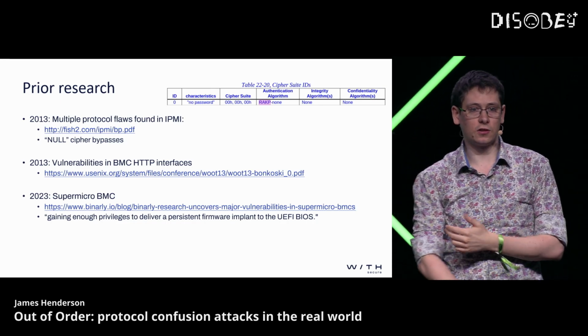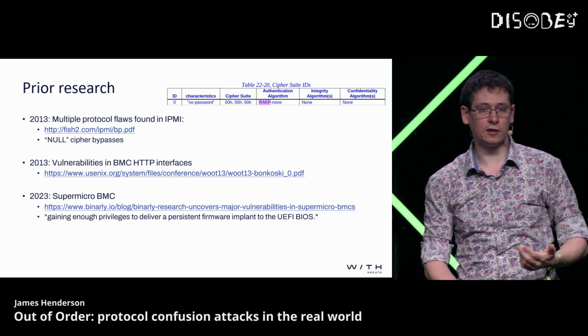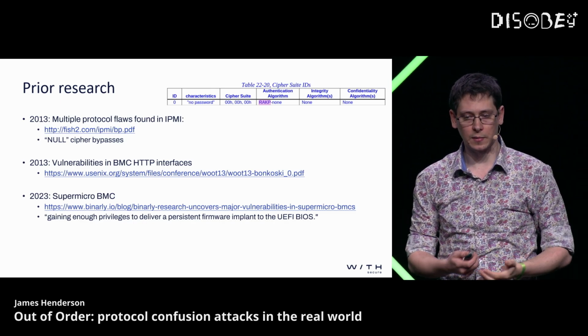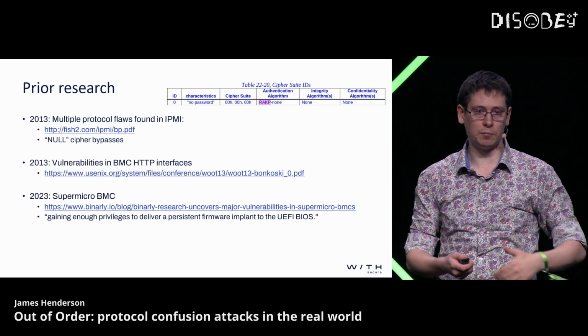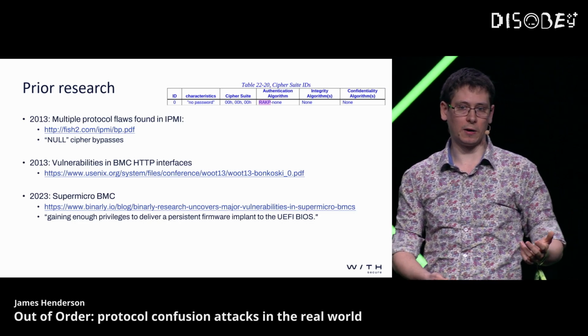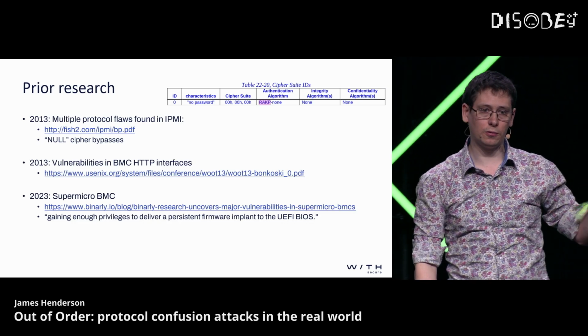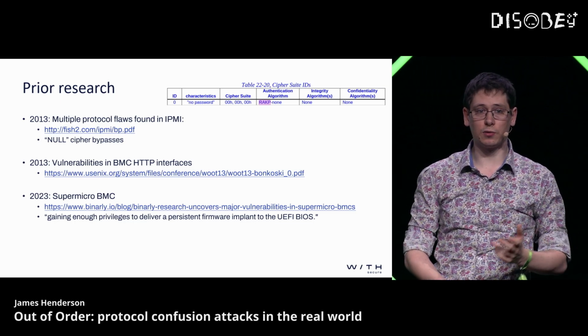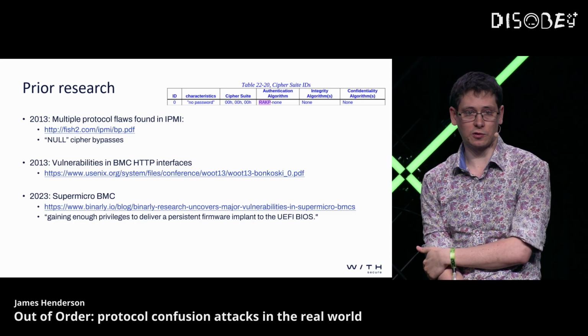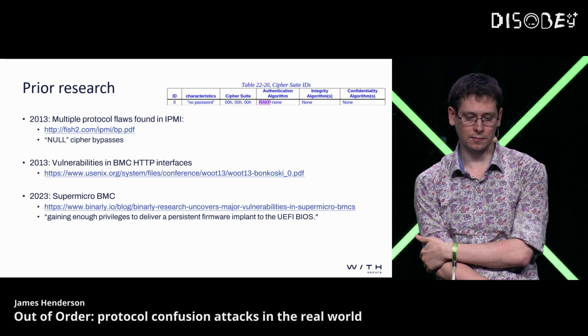And there is evidence of nation-state threat actors exploiting these and having written custom implants targeted at UEFI bootkits distributed over IPMI. So you can see now that if you can exploit this little chip or this program, you can really gain some privileged access to the host operating system. And that's why this is, again, quite interesting.